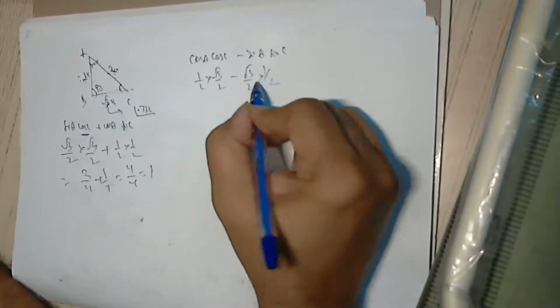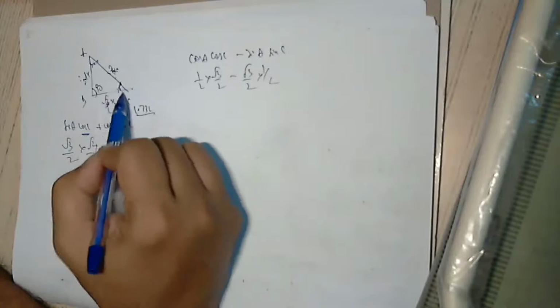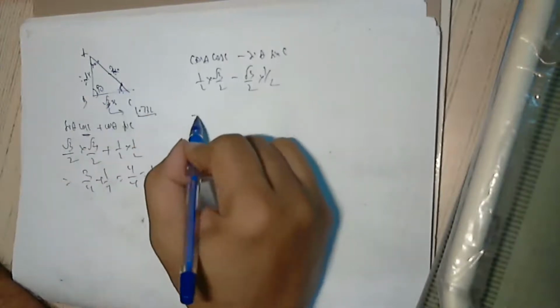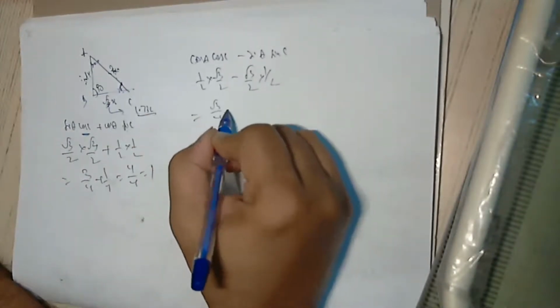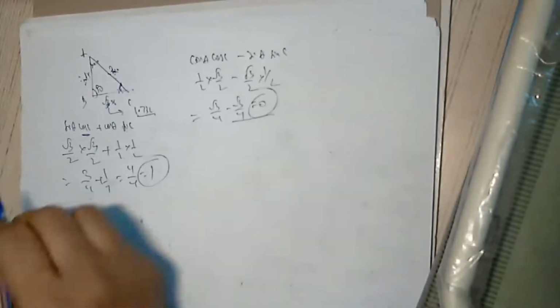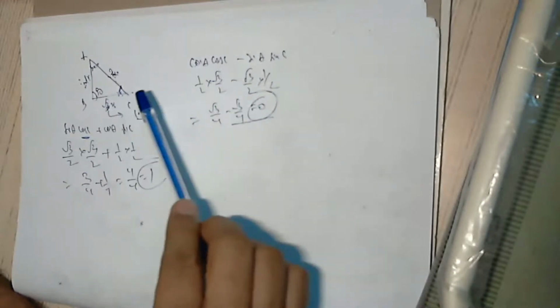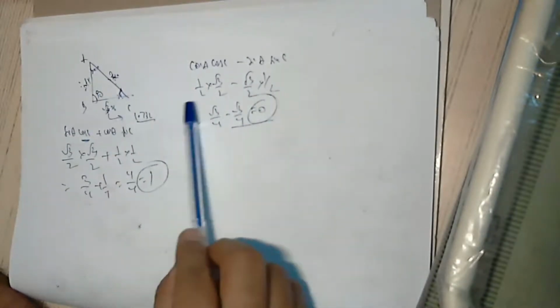So you should be very fast and familiar. When I say sin C, opposite by hypotenuse, 1 by 2. When I say sin A, opposite by hypotenuse. You should be very fast in segregating them. So this becomes root 3 by 4 minus root 3 by 4, 0. So this is 1, this is 0. As you do practice, you will get this fast.